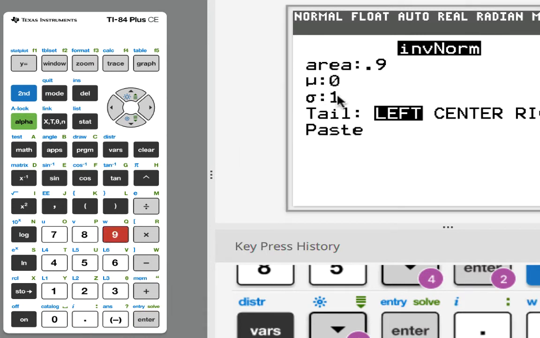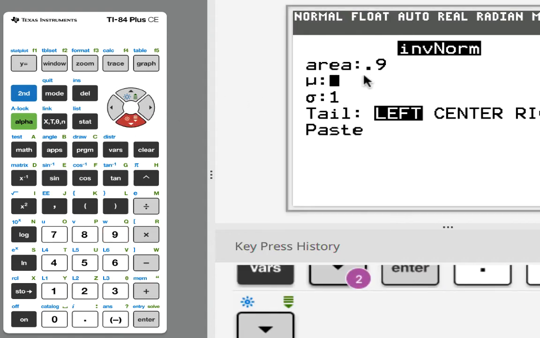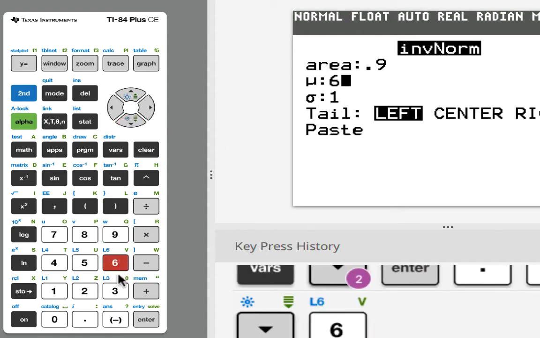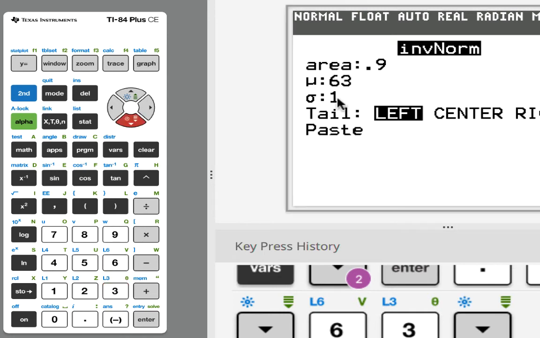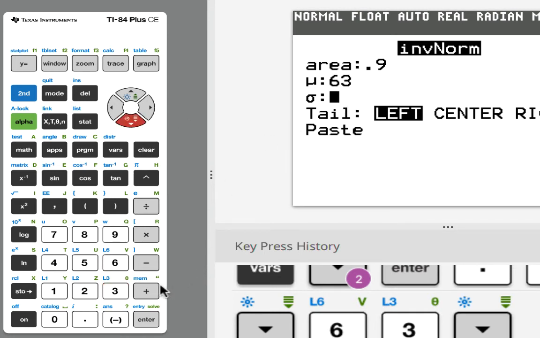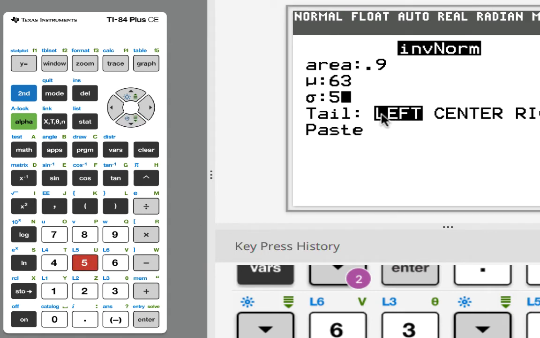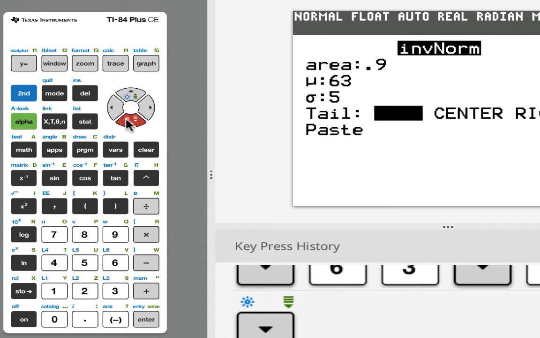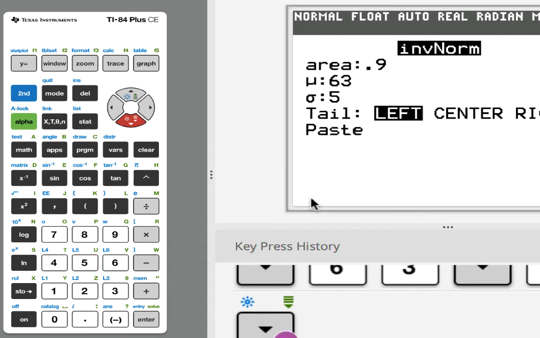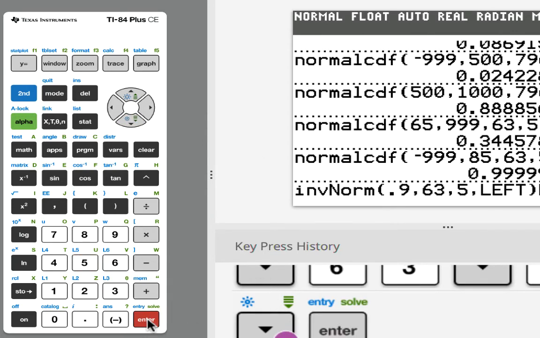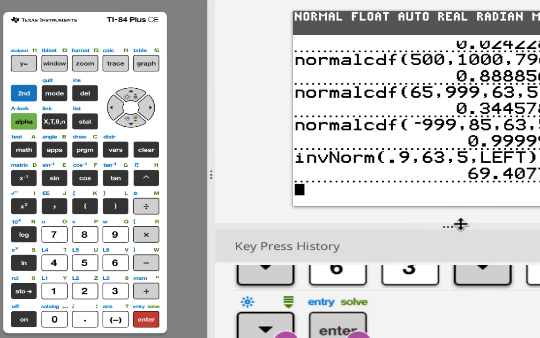Now by default, remember it's 0 and 1, but we are given that the mean is 63 and the sigma, standard deviation, is 5 and the tail is to the left. Just keep it to the left, don't do anything else. And then paste and then press enter, enter. What's the number we are getting?